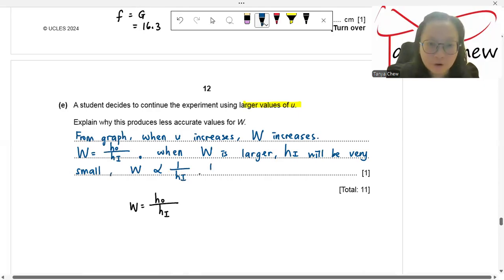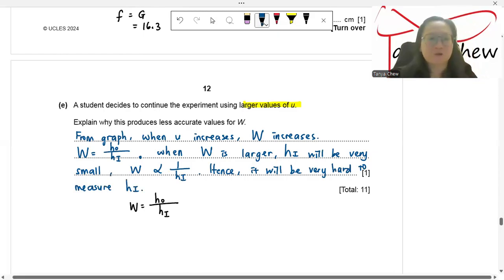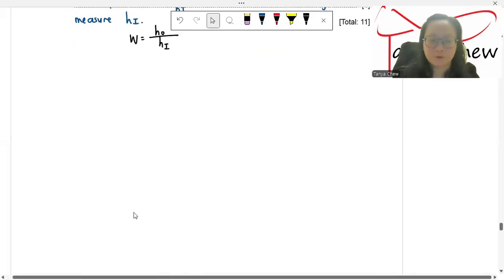Therefore, it will be very hard to measure HI since the value will be super small. So that is why there are less accurate values for W, because at the end W is calculated from H object and HI.